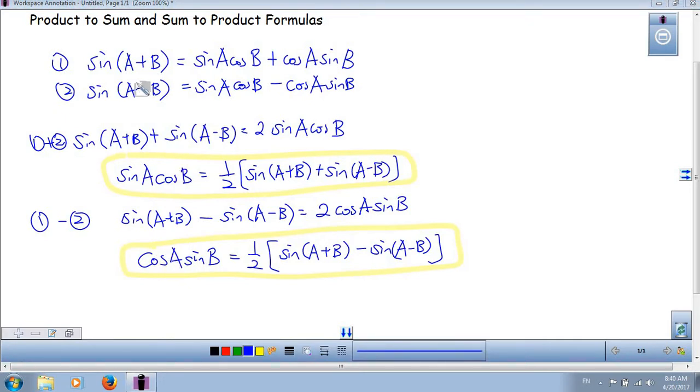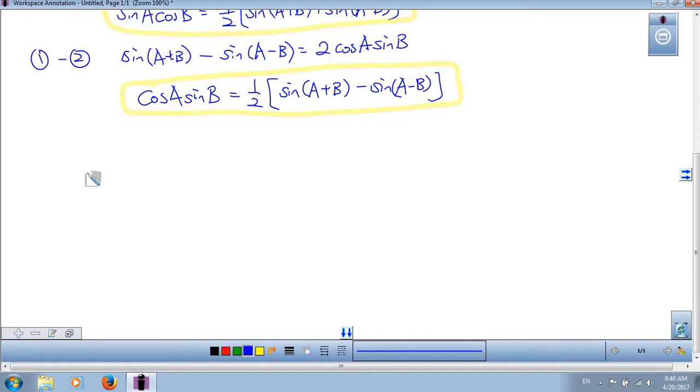As you can see, we derived these two product to sum formulas by using the sum and difference formulas. We also have the cosine sum and difference formulas, so let's take a look at them.